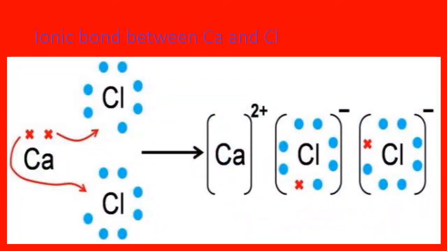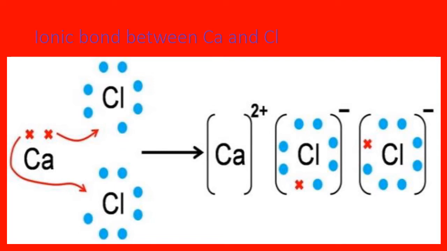An ionic bond can also be formed between calcium and chlorine. This time we use the electron dot structure to show the formation of the ionic bond and ionic compound instead of a Bohr diagram. It is easier than a Bohr diagram because it saves time and space, as it doesn't require drawing a diagram.